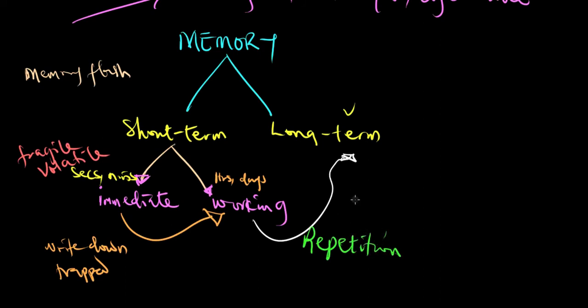We have to repeat as often as possible for us to convert this working memory. We have to make repetition a keyword. We have to repeat as much as possible.